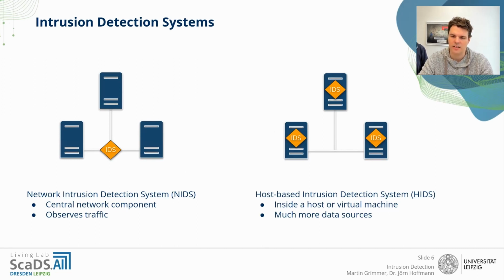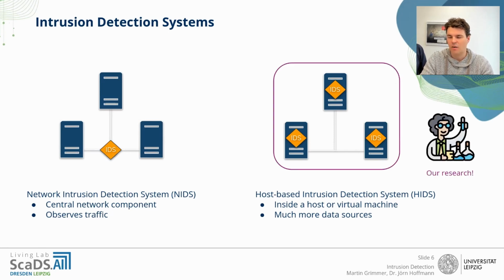It is inside a physical host or inside a virtual machine, or observes a physical host, or observes the virtual machine from the outside in our case. And so it can collect much more data, not just network packets. This is our main aim in research: the sensors, the virtualization, the fast acquisition of sensor data, and the real-time analysis of the data.